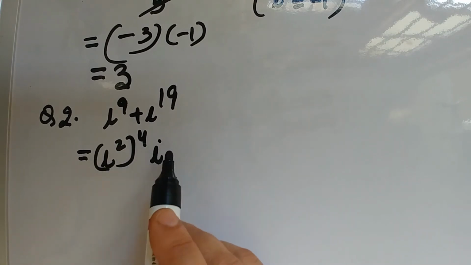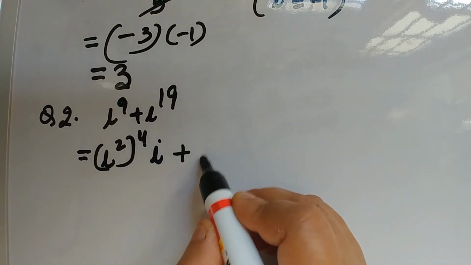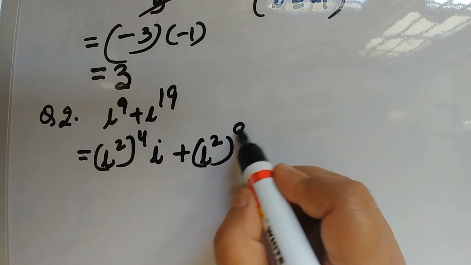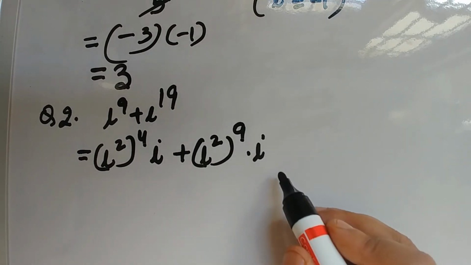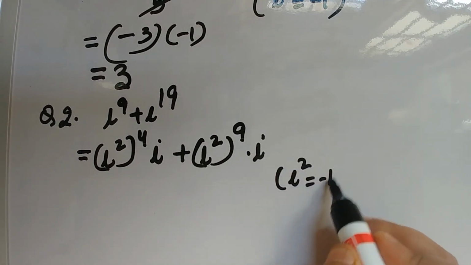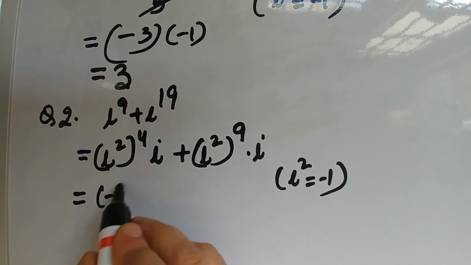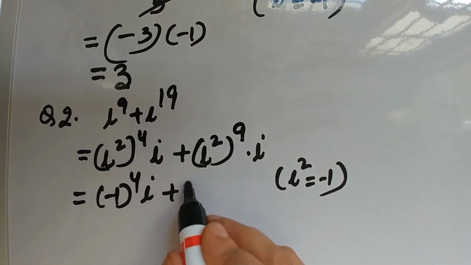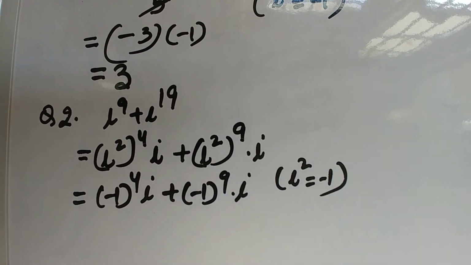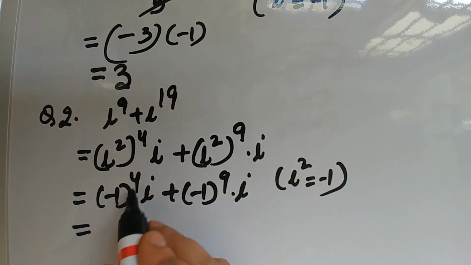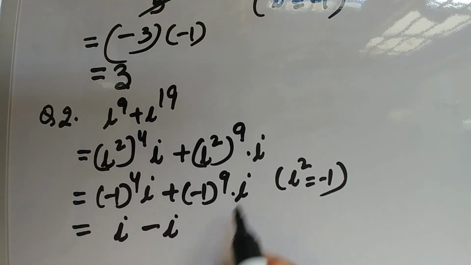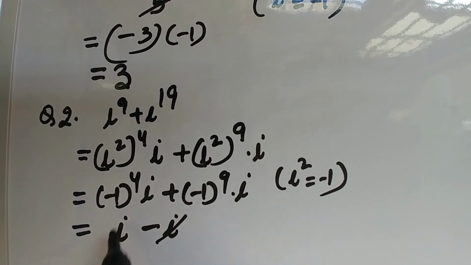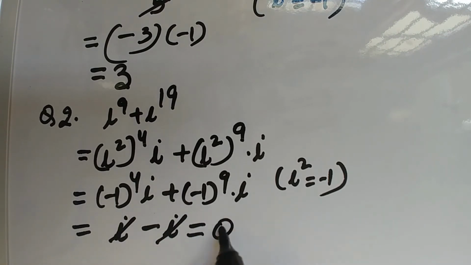It will make iota raised to power 9, plus iota square 9 times, 2 nines are 18, into 1 iota. Now again, using iota square is minus 1, I'll take it as minus 1 raised to power 4 into iota plus minus 1 raised to power 9 into iota. So this even power will give me plus 1, and it will give you iota, and this odd one will give me minus 1, and it is minus iota. And these both can be cancelled, and I get the answer as 0.